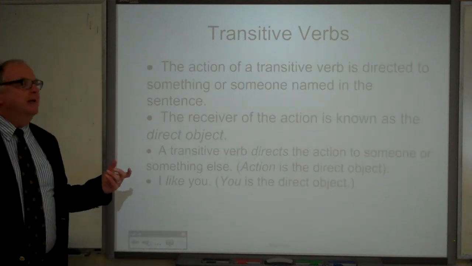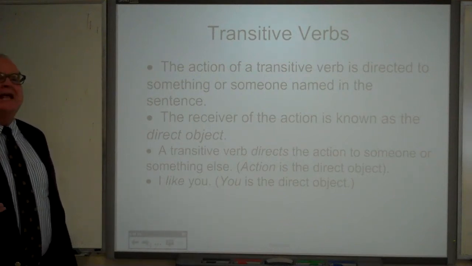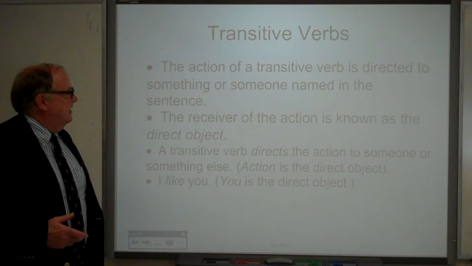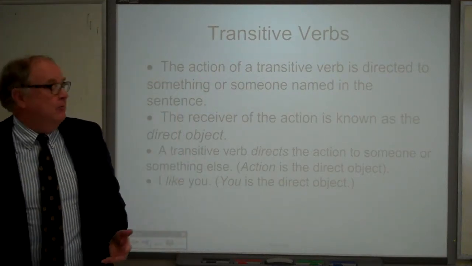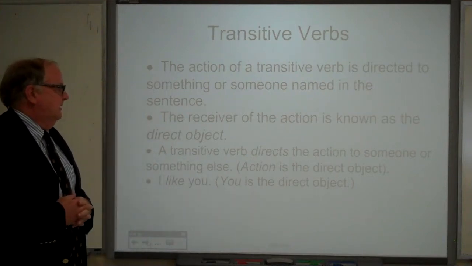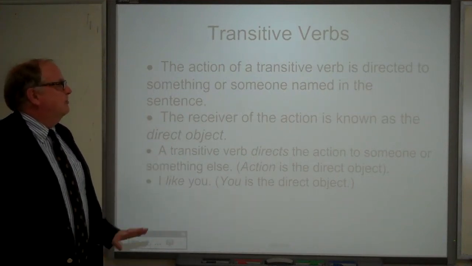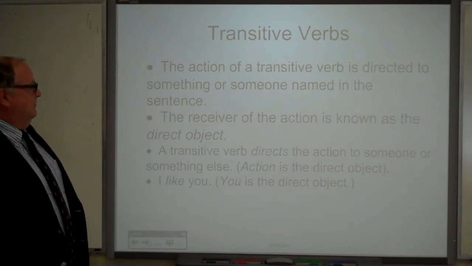The action of a transitive verb is directed to something or someone named in the sentence. And the receiver of the action, whether it's a person, place, thing, idea, or whatever, is known as the direct object. And so a transitive verb directs the action to someone or something else.